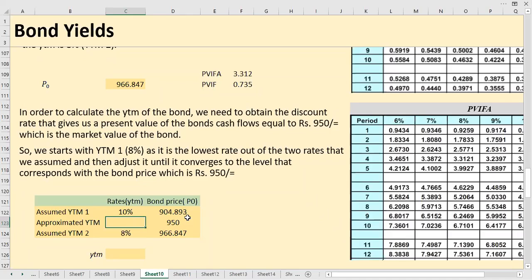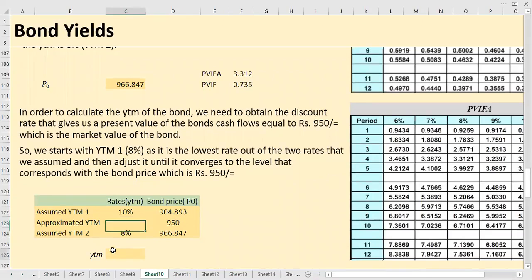You can easily understand this. I am going to go from 8%. You can start this calculation from either way, from 10 or from 8. But I am going to start from 8 because I know that I need a YTM value higher than 8 to go down to 950 from 966.